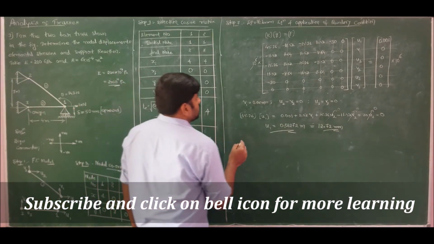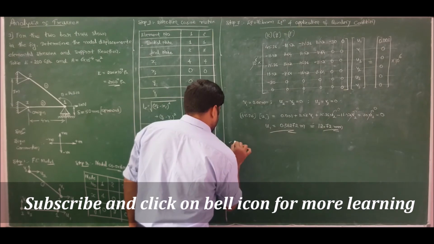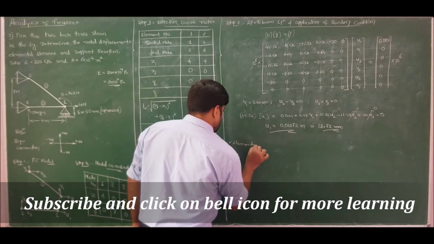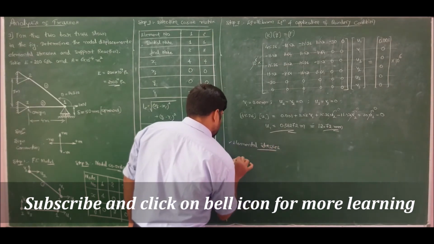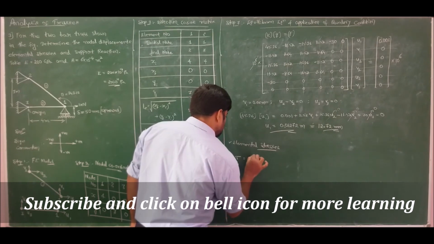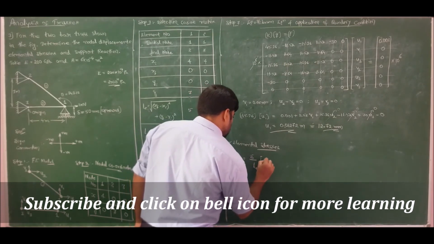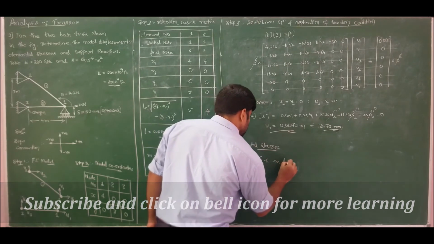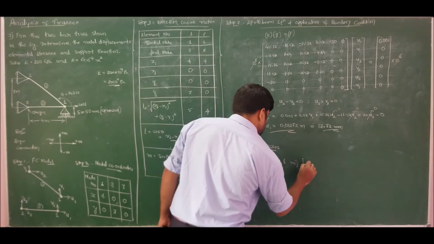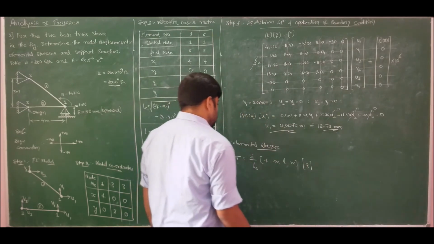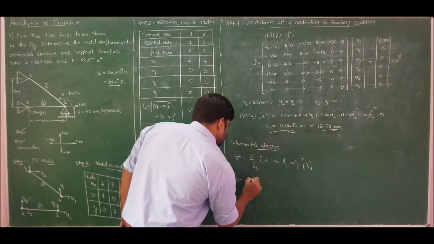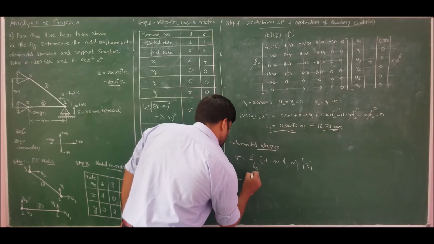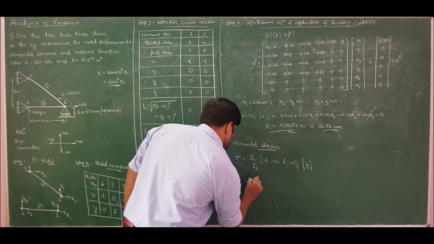Now moving on to elemental stresses. We know that the elemental stress is given by E divided by the length of the element, times minus L, minus M, L, M, into the Q matrix. So for element 1, since I am solving in meters, Young's modulus is the same for both elements.